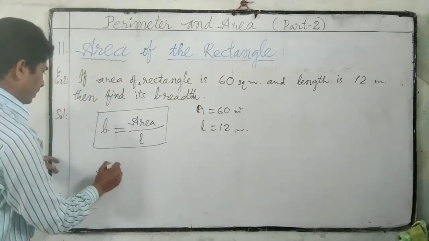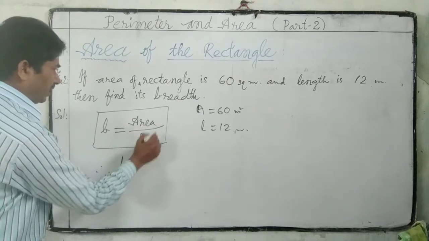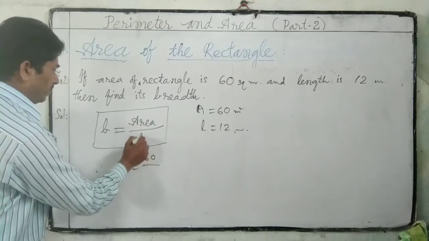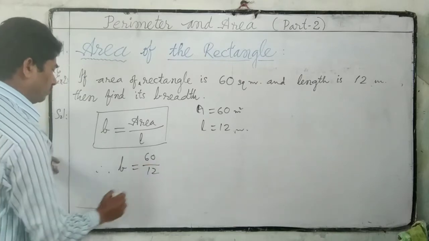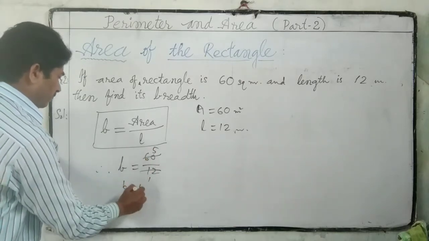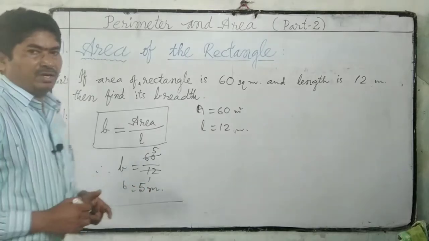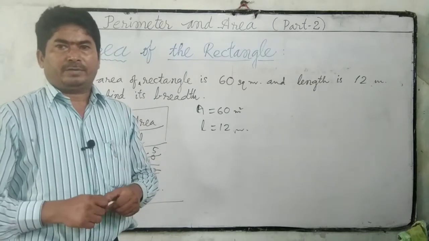Therefore, breadth B is equal to area 60 by length 12. B is equal to 12 ones are 12, 12 fives are 60, so 5 meters. So this is the breadth of the given rectangle.